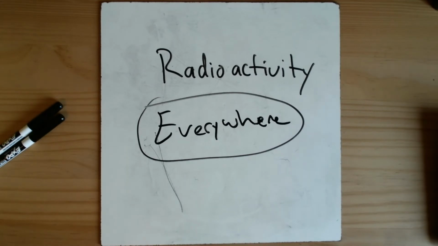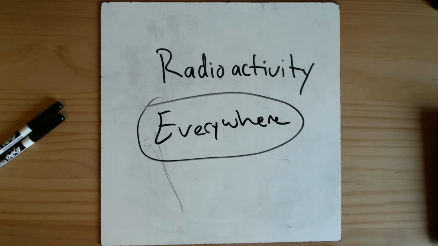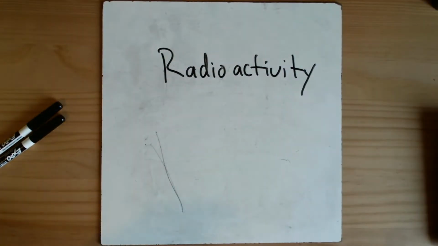So when we're talking about radioactivity, I don't want you to just think about nuclear power plants and the disaster at Chernobyl, or if you're familiar with the city of Pripyat. Those are not the only radioactive events. In fact, you are currently radioactive. There's a small amount of radiation that lives inside of all people just because of the elements that we're made up of. And so radioactivity is really everywhere.